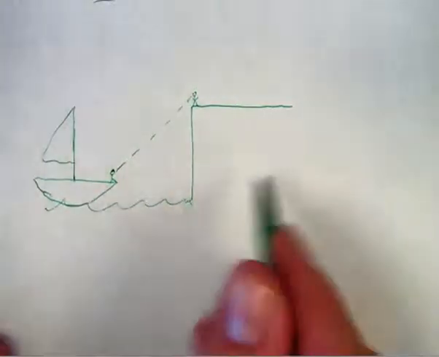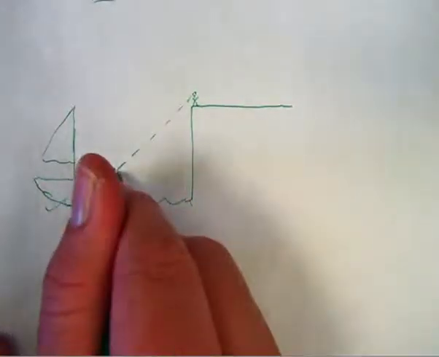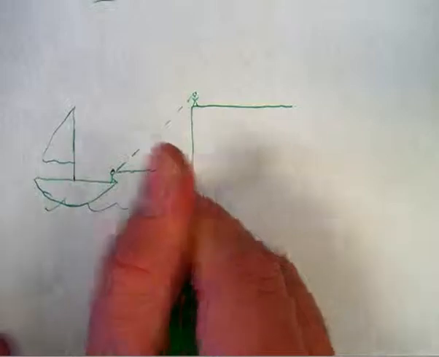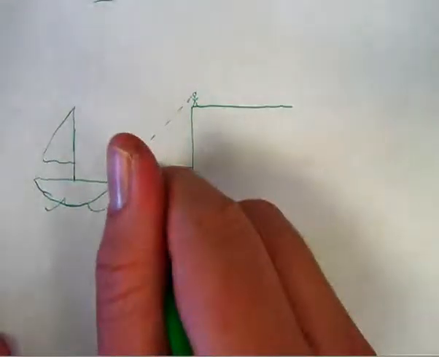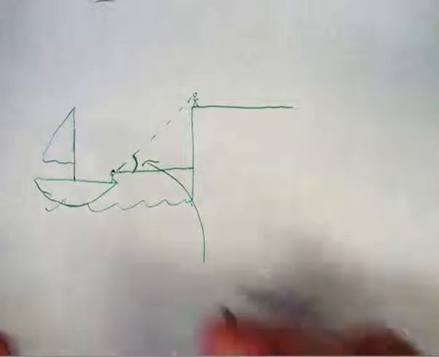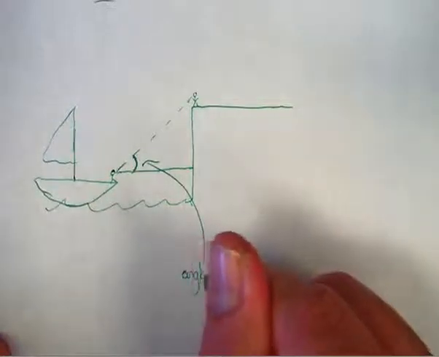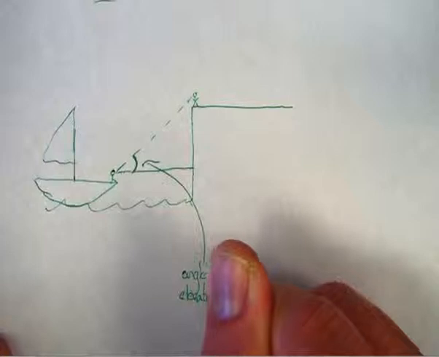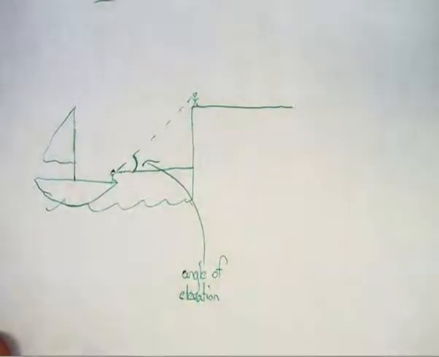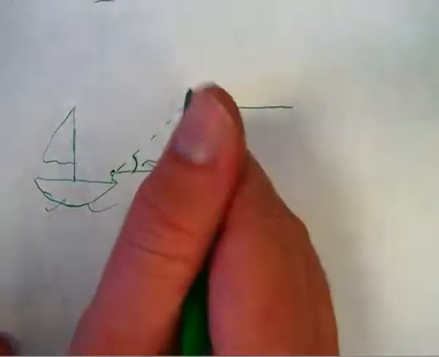We've set up two angles here that are of interest. We already know this angle here is going to be our angle of elevation. So let me just label that. So that's angle of elevation, how far you're looking up in order to see this. Now the other one is for this person.